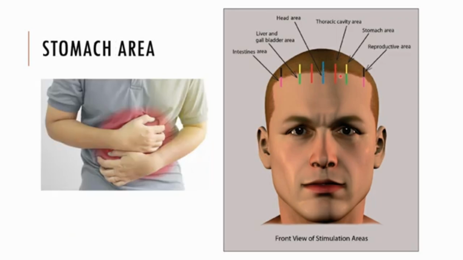Stomach area is located on the mid-pupillary line from the hairline 2 centimeters superiorly. This area is used for treating stomach pain and discomfort in the upper epigastric region.